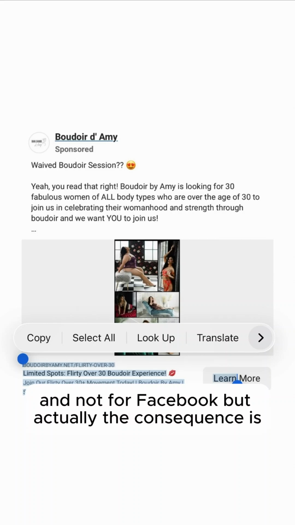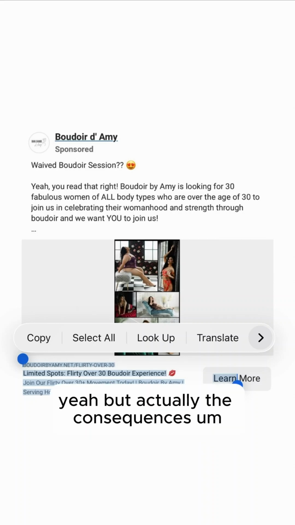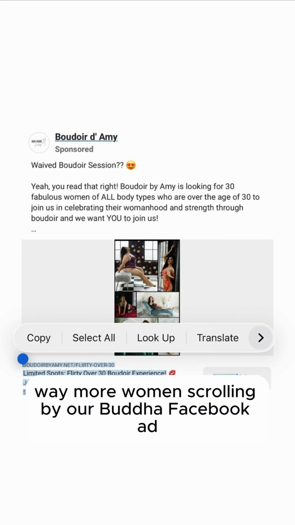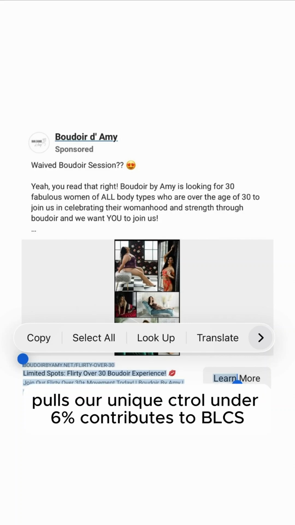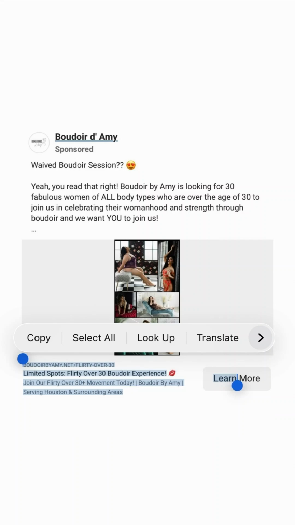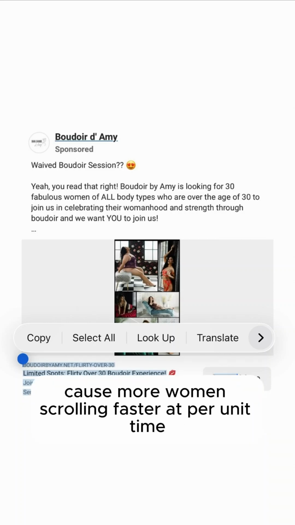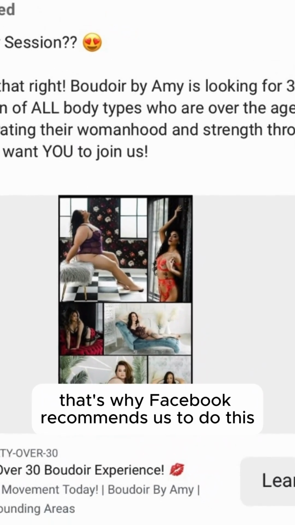But actually the consequence is way more women scrolling by our boudoir Facebook ad than necessary, which pulls our unique CTR under 6%, contributes to BLCS, boudoir low click syndrome, and Facebook actually makes more money per unit time from this because more women scrolling faster means Facebook can serve more ads per unit time. That's why Facebook recommends us to do this.